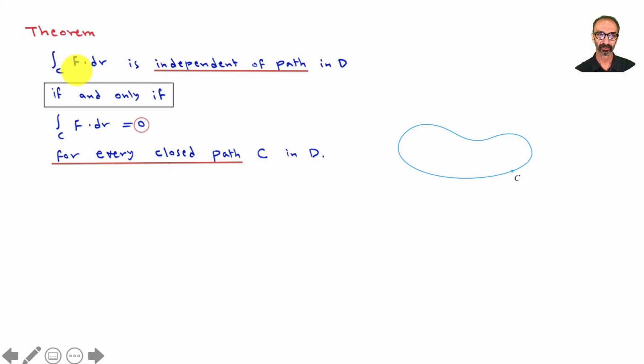The line integral is independent of path in D if and only if the line integral equals 0 for every closed path C in D. If you start at this point and you go back to the same start point, for conservative vector fields, we have it 0. It's like the work done moving an object from a point back to the same point will be 0.